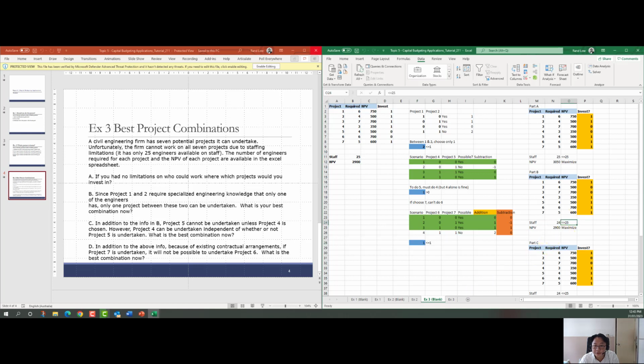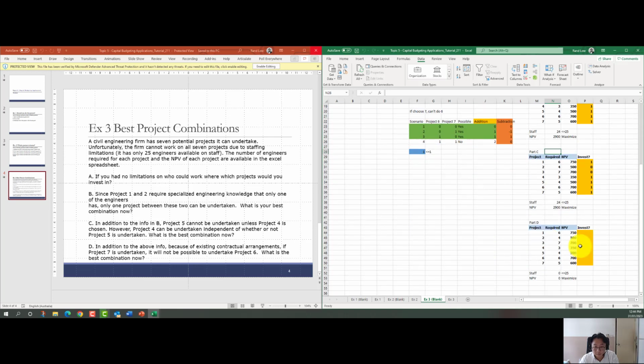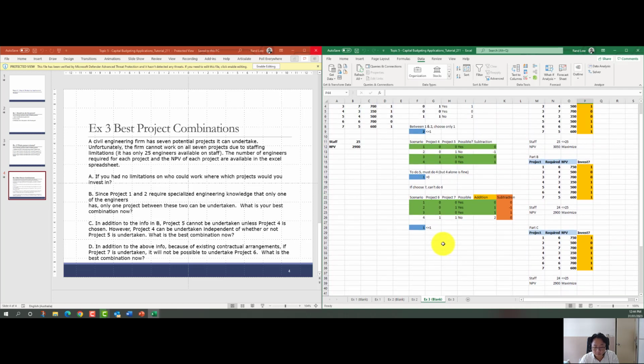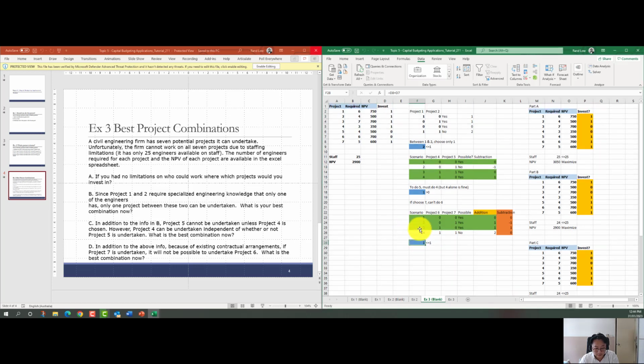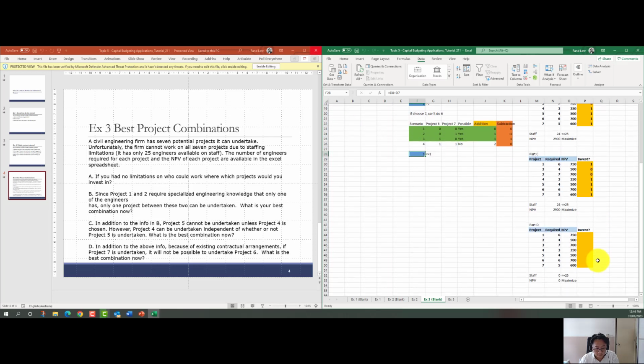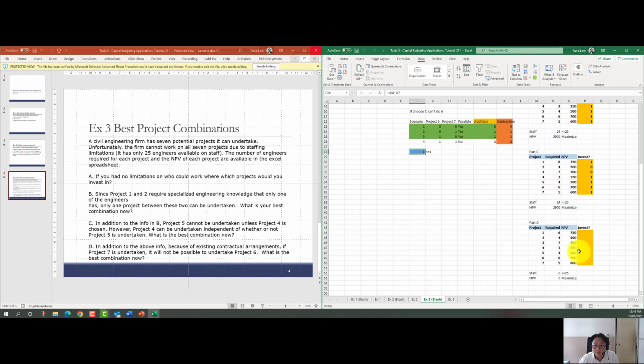And we get, let's see, D8 and D7. Okay, so here we have 1, 1, 1, 1.